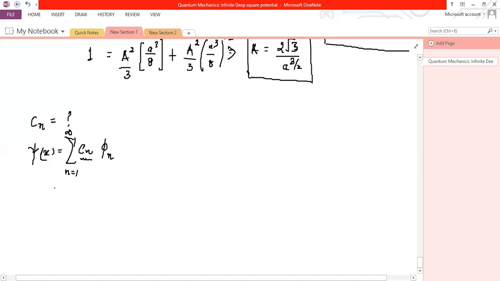So what I'll do, I'll multiply on both sides by phi k star, and here I'll get summation n equals 1 to infinity Cn phi k star phi n.